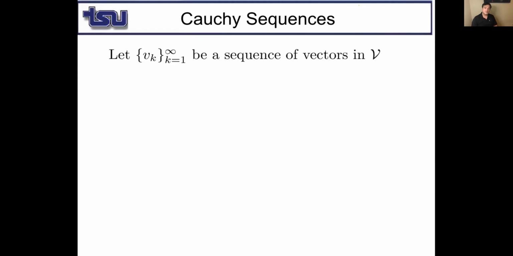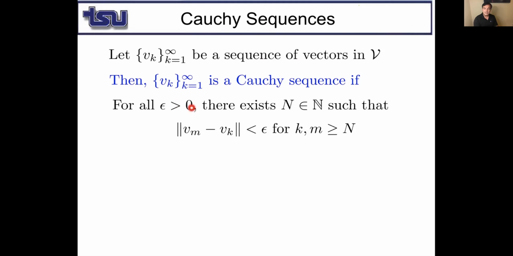How about Cauchy sequences? Well, this was for regular sequences, right? Now let's think about some special sequences. Let's assume that v_k is a sequence of vectors in V. We say that this sequence is a Cauchy sequence if for any epsilon bigger than 0, there exists an index N such that the elements of the sequence get as close as possible. For example, let's say that epsilon is 0.1.